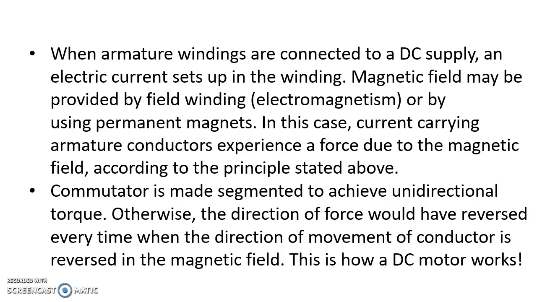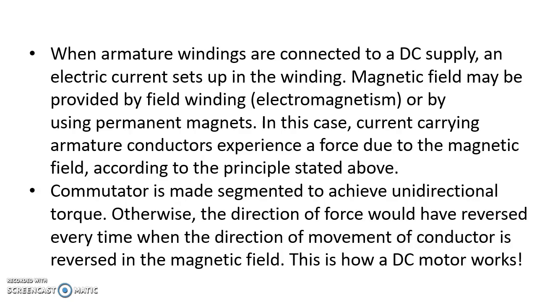Creating the magnetic field is electromagnetism, and the winding which helps to create it is called the field winding, which is connected in the poles we have already discussed. Now our turn is to place the armature windings and give supply to them. The second point: a current carrying armature conductor experiences a force due to the magnetic field according to the principle stated above.